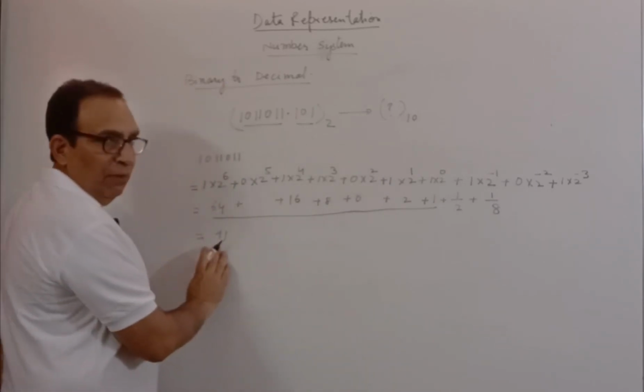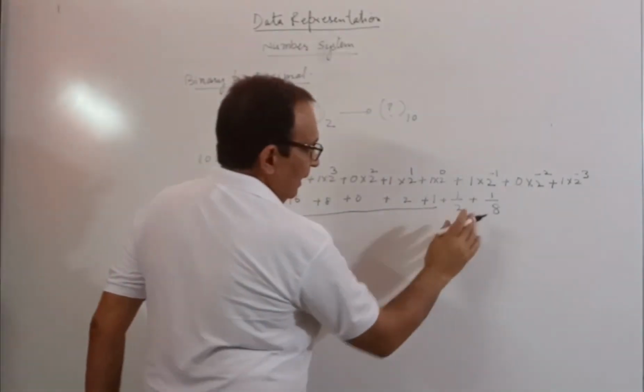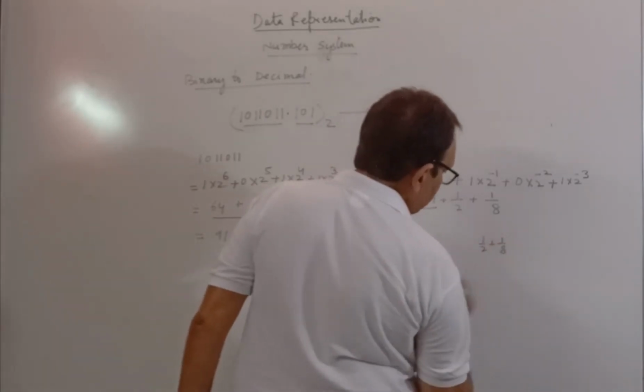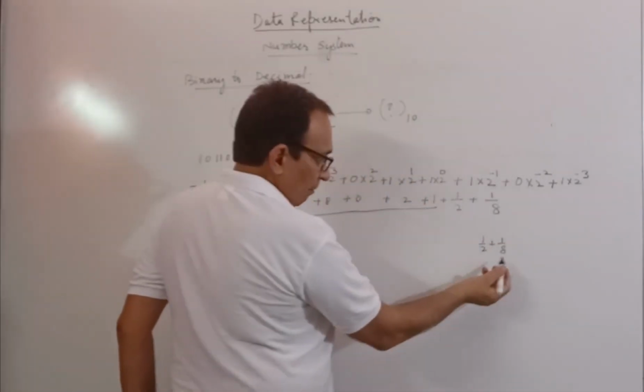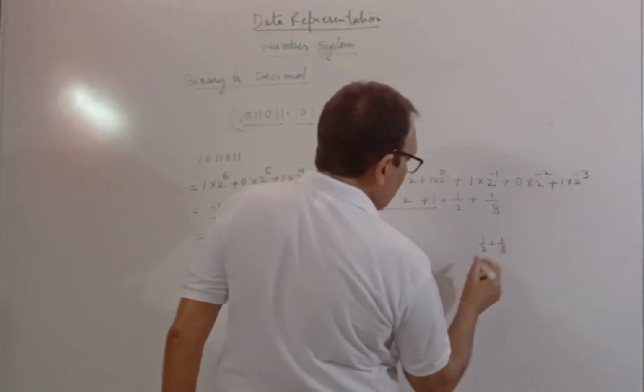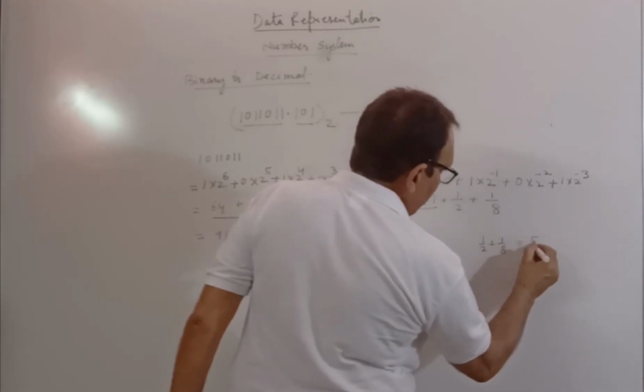All have become 91. When you calculate these two, 1 over 2 plus 1 over 8, the LCM comes 8. So it is 4 plus 1, that comes 5 over 8.